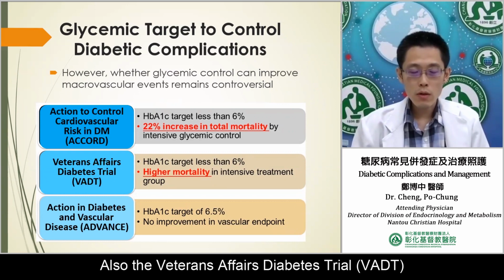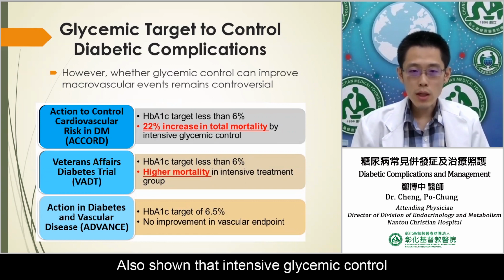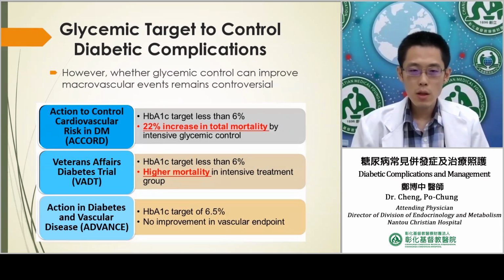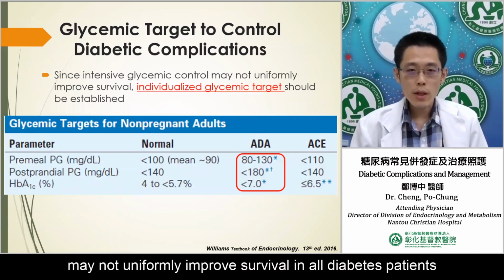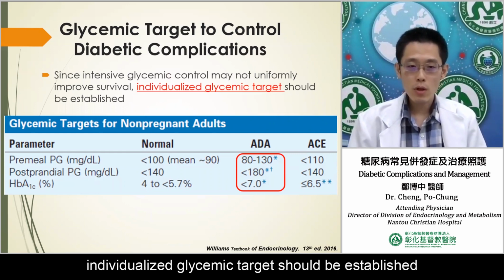Also, the Veterans Affairs Diabetes Trial and the ADVANCE study also showed that intensive glycemic control increased mortality in patients with coexisting heart disease. Therefore, since intensive glucose control may not uniformly improve survival in all diabetic patients, individualized glycemic targets should be established.